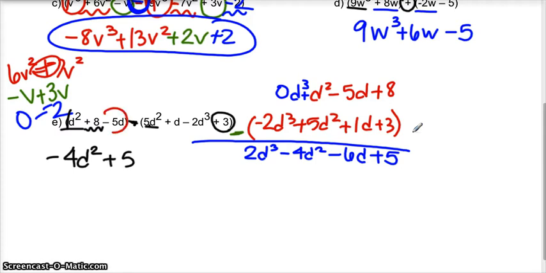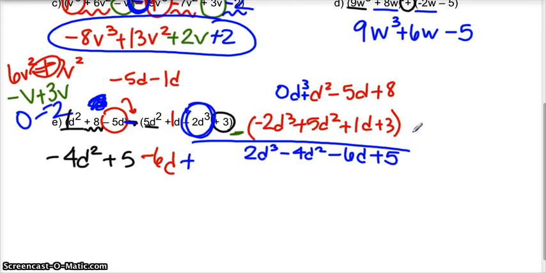I have a negative 5d minus 1d. But then I have this term here with nothing to go with. So I have nothing from over here with a d to the third minus this. So nothing minus a negative 2d to the third gave me a positive. And then I'm going to put it in standard form.